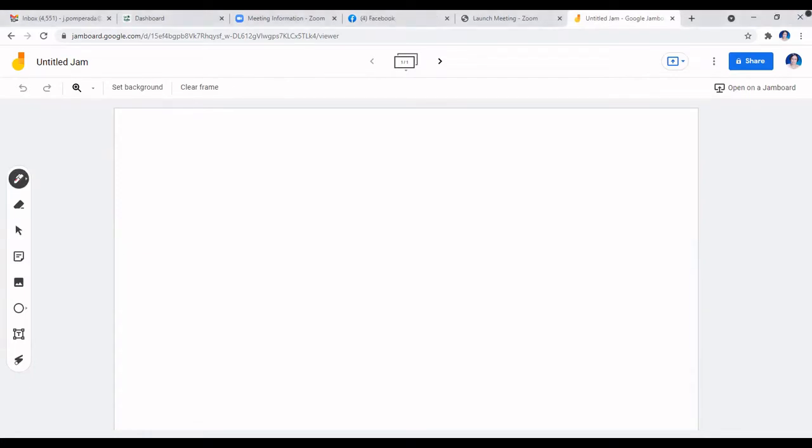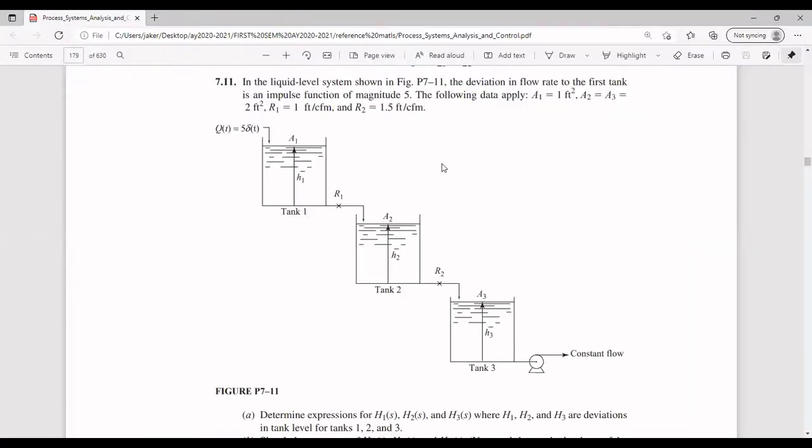So we go straight to the solution. For the first 2 tanks, based on the illustration, let me go back to the illustration. The first 2 tanks in here are said to be non-interacting. And we have a ready-made formula for the transfer function of a non-interacting system for 2 tanks.